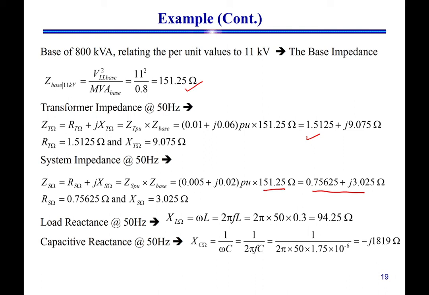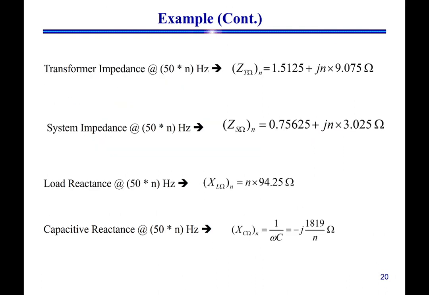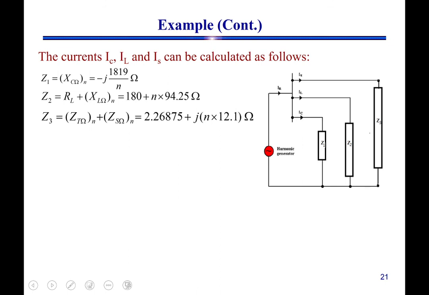We also find the impedance of the capacitor, and then for any harmonic, which we can call H or N, this will be the impedance at any harmonic for the transformer, the system, the load, and the capacitor bank.